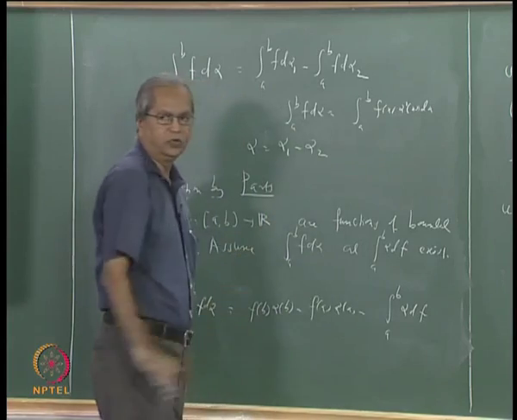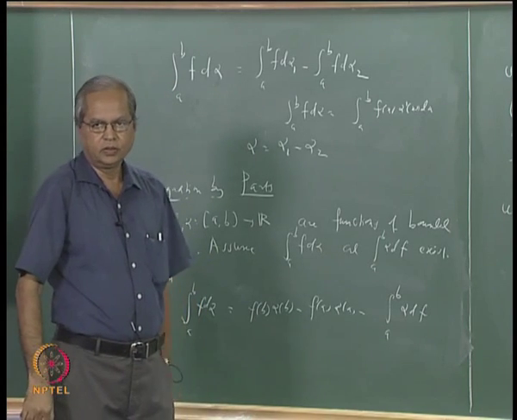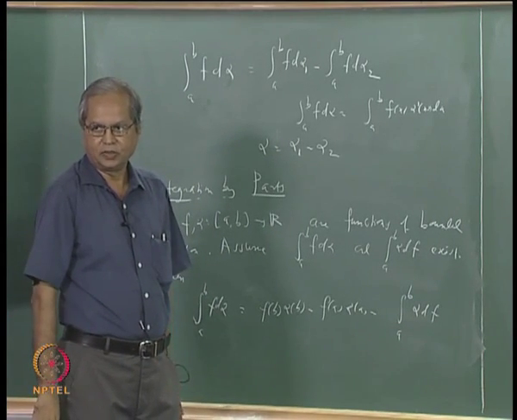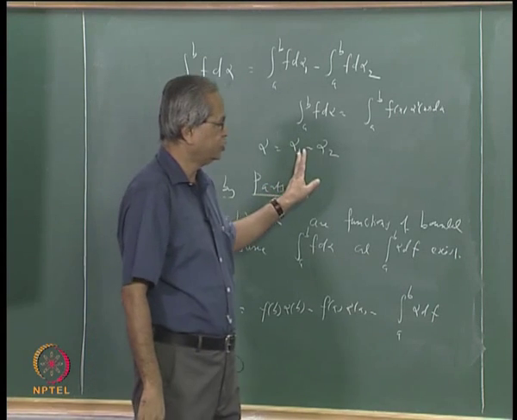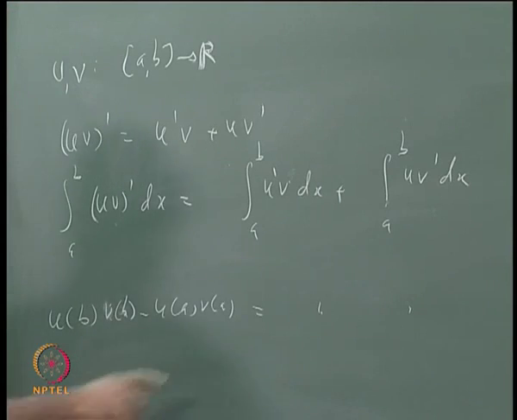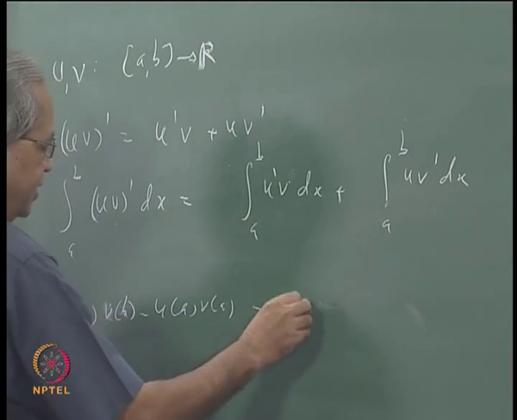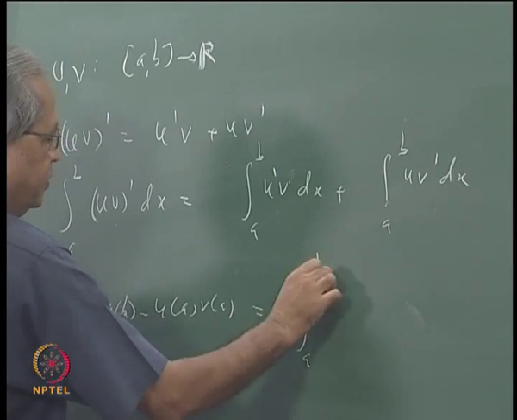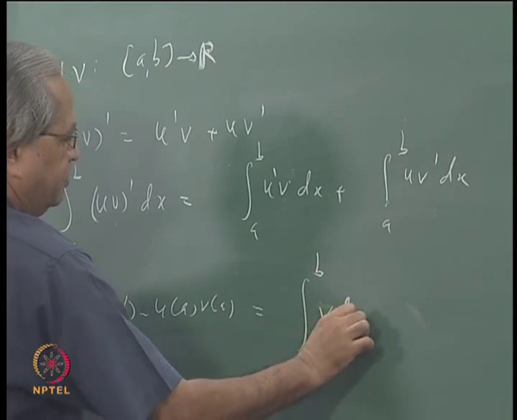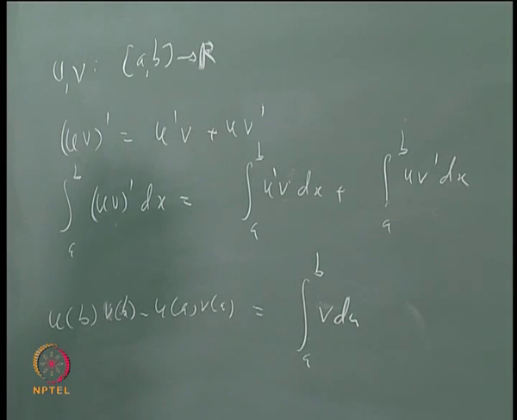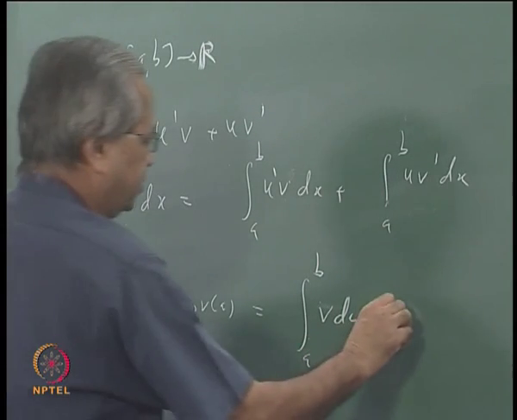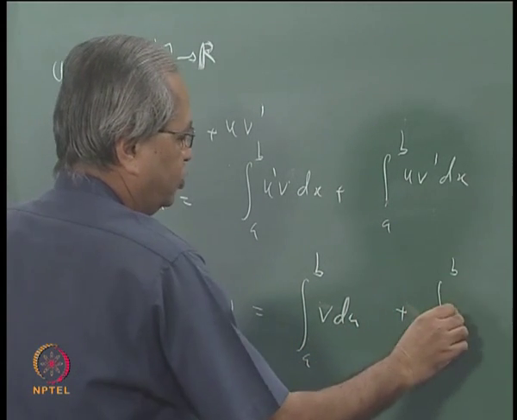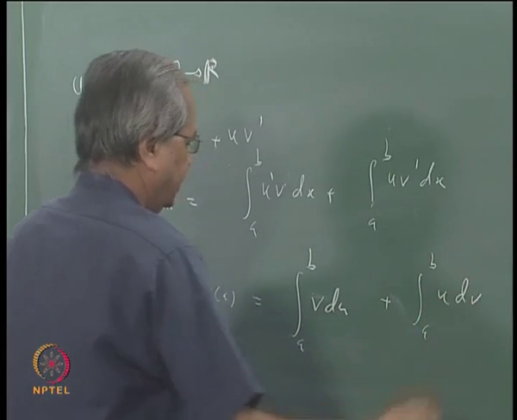That is how we could convert the Riemann-Stieltjes integral into a Riemann integral. So suppose you use this notation, then this simply becomes integral a to b v du, since u prime dx is du, and the other becomes integral a to b u dv.